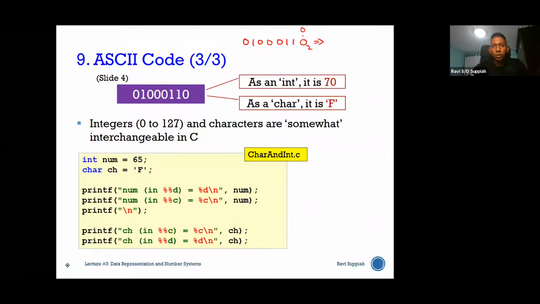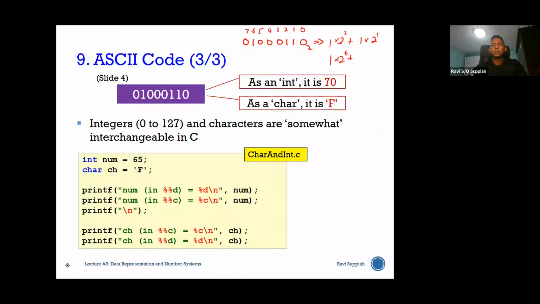So this is 0 1 2 3 4 5 6 7. Basically all I need to do is to focus on the ones. So it is 2 to the power of 1 times 1 plus 2 to the power of 2 times 1 plus 2 to the power of 6 times 1.